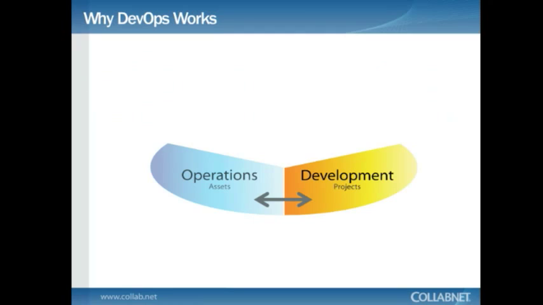So DevOps is really going to try to align projects and assets discussions between the two organizations. From a development team, those projects need to be treated as assets from an IT ops perspective. And from a development perspective, those projects are not really complete until the business has them in use and is producing the kind of efficiency and revenue gains that funded the effort in the first place.